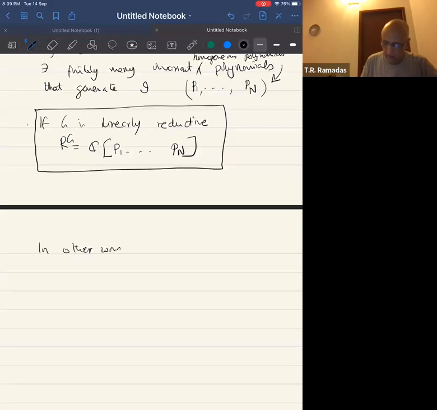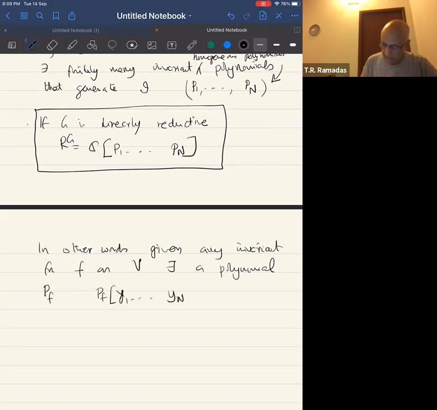In other words, given any invariant function f on V, there exists a polynomial Pf, not uniquely determined, in variables y1 to yn, such that f(x) for x in V is equal to Pf(P1(x), ..., Pn(x)).